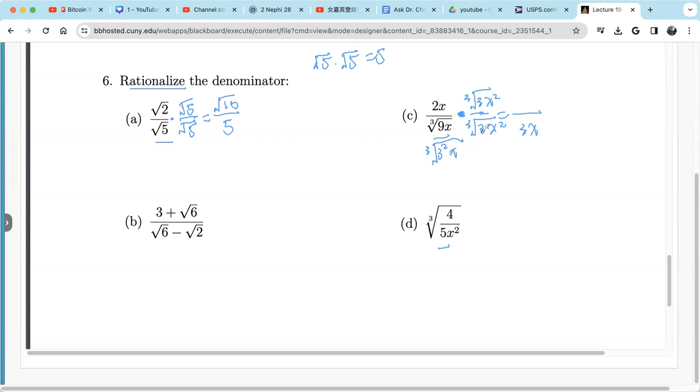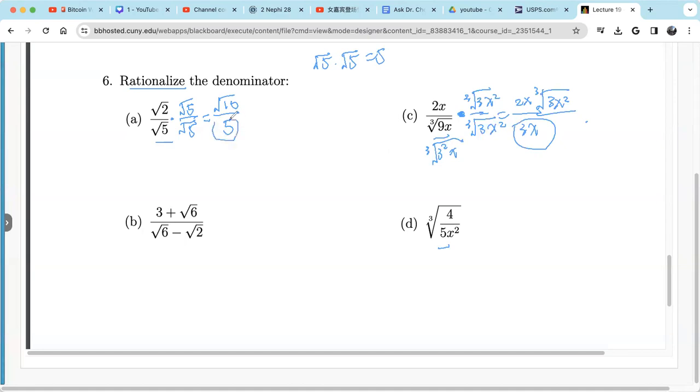The denominator is 3x. Well, numerator, we just have to multiply, right? We have 2x times cubic root of 3x squared. And that's it. That's for C, right? So our job is to rationalize the denominator. And indeed, the denominator now is rationalized.